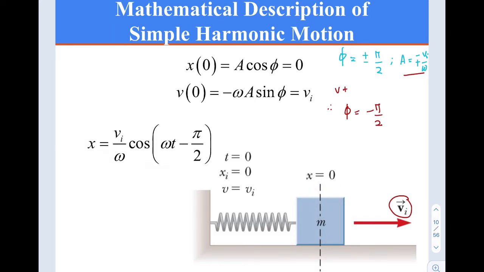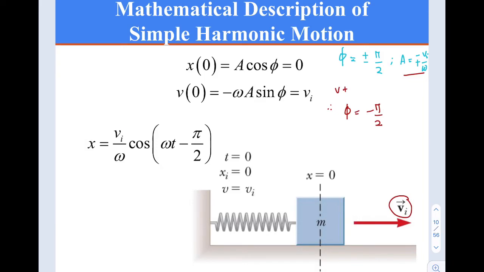Alright, so based on that, we are going to substitute the A with the V over omega here, and also the phi here. Then the equation is going to look like this. Substitute the A here.